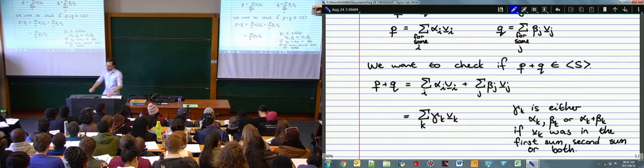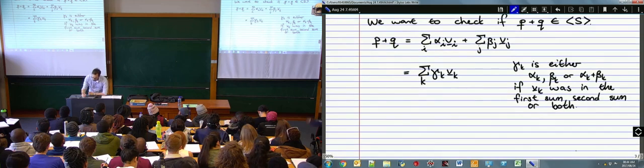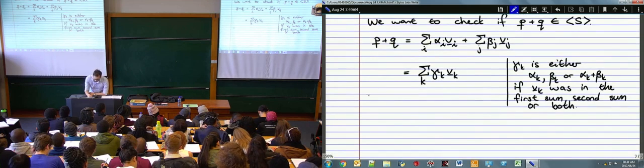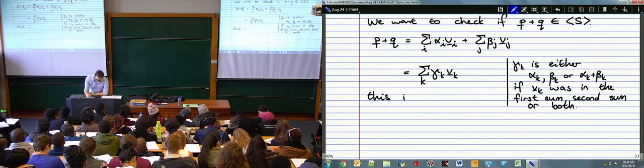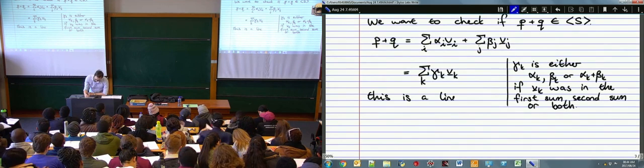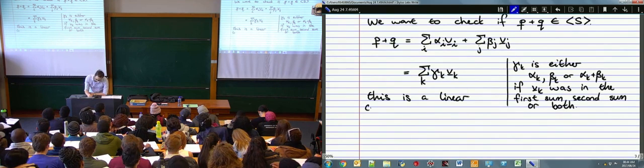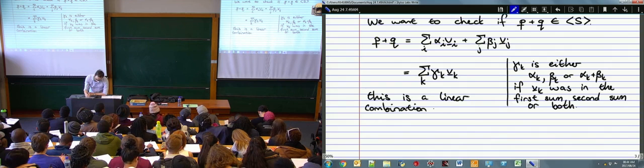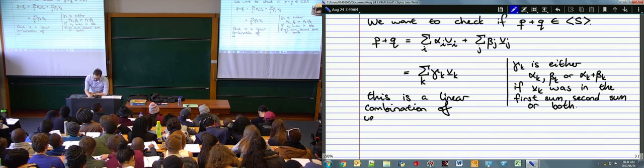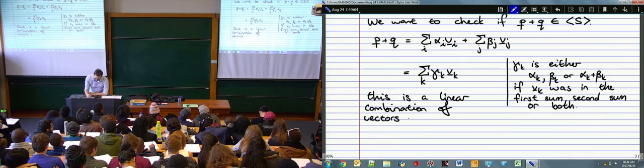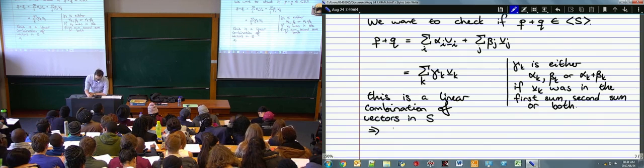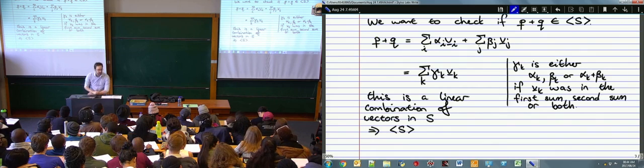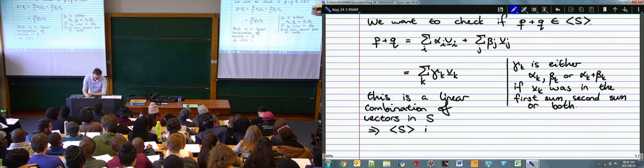So this is a linear combination of vectors in S, which implies that the set generated by S is closed under vector addition.